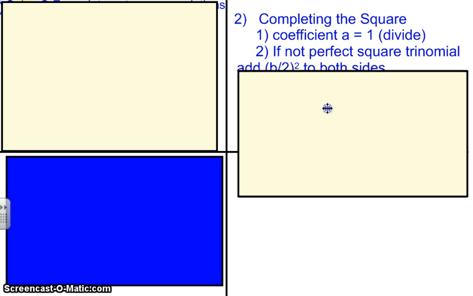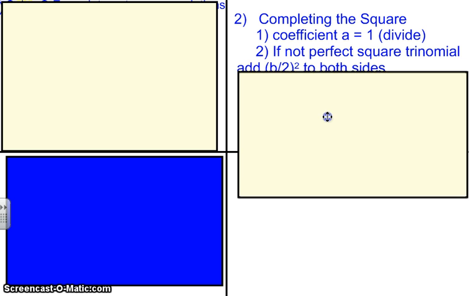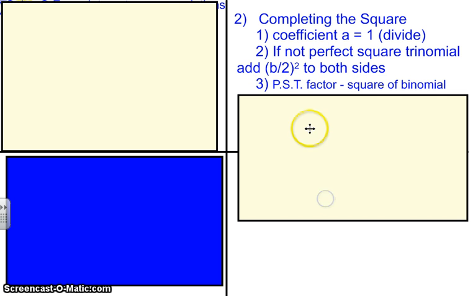And then, if it's not a perfect square trinomial, as she just said, you would take half of b and square it, add that to both sides. This creates a perfect square trinomial. The perfect square trinomial will be factored to the square of a binomial. And that is something that we can take the square root of.